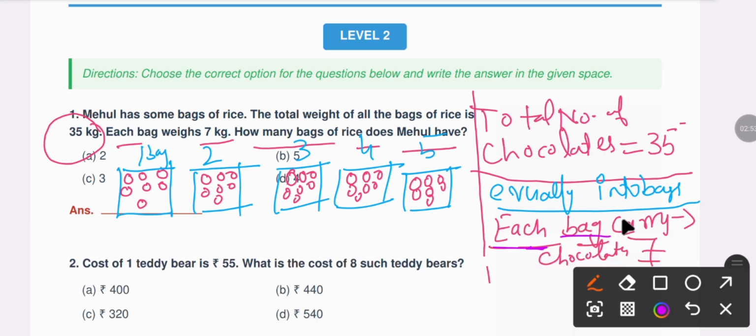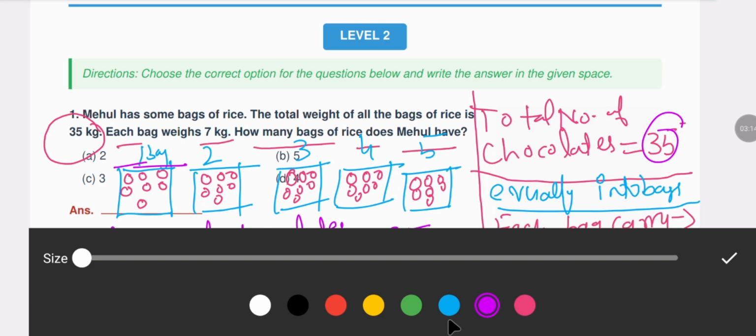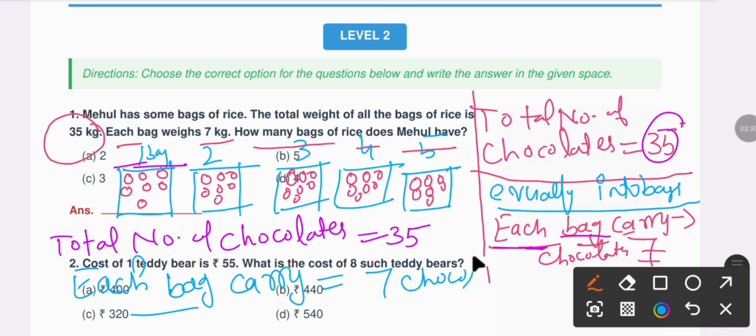Now the total number of chocolates is 35, and each bag carries 7 chocolates.